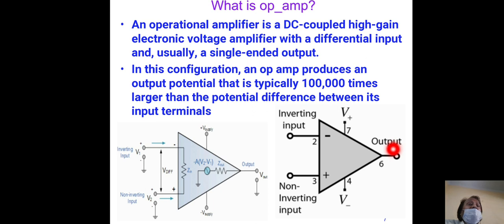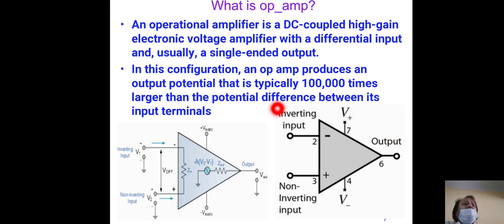The output will be 1 lakh times larger than the differential of these two input terminals. That is the op-amp. It means if you apply microvolt power at the input side, you get the output amplified in mega power.